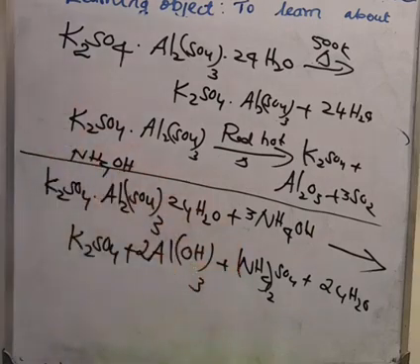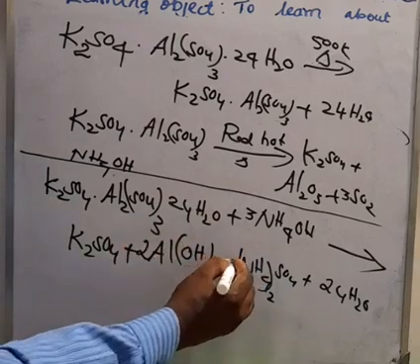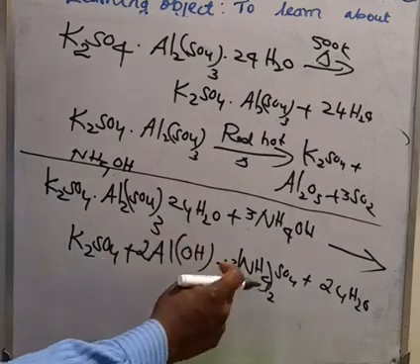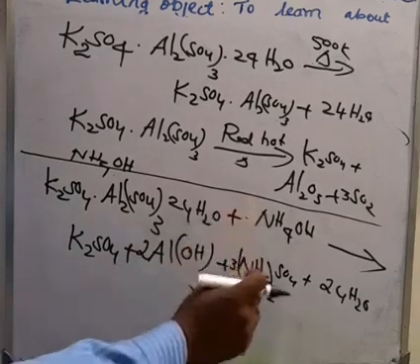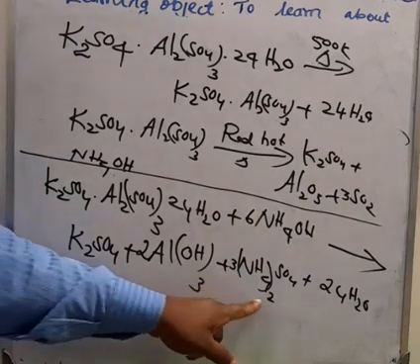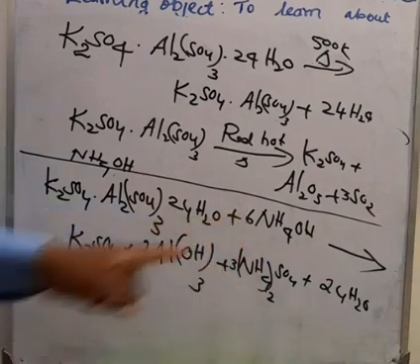Am I right? The equation is balanced. Make it 3 ammonium hydroxide. Why are we using 3? 3 into 2 is equal to 6, so make it 6 on the product side.